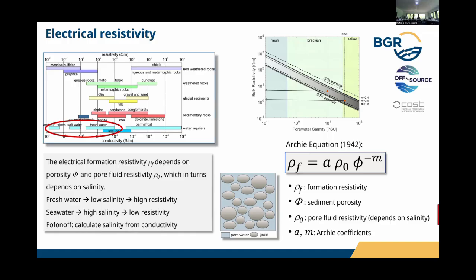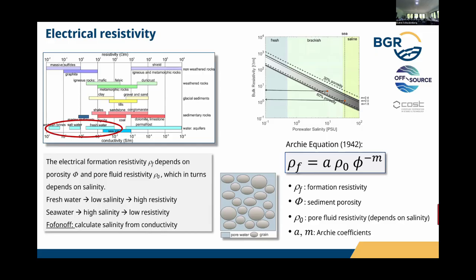It's an empirical equation which relates the formation resistivity, so of the whole package, with the pore fluid resistivity, which depends on the salinity, the porosity, and a factor m, sometimes called the cementation factor, which tackles the shape of the grain matrix. There is a bit of a range there.